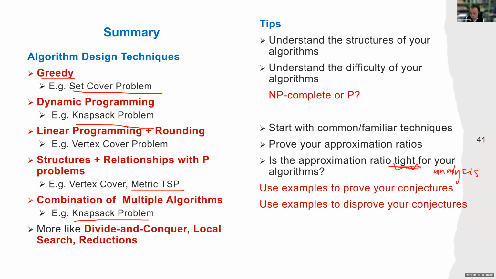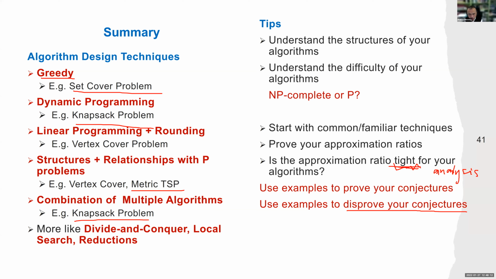The other case: if you cannot show your ratio is tight, basically you are not able to find a bad example which gives exactly this bad ratio. Then you may try to improve your approximation. Can I give a better solution? Earlier, I had a log n approximation. Now, can I have a half log n approximation, maybe?